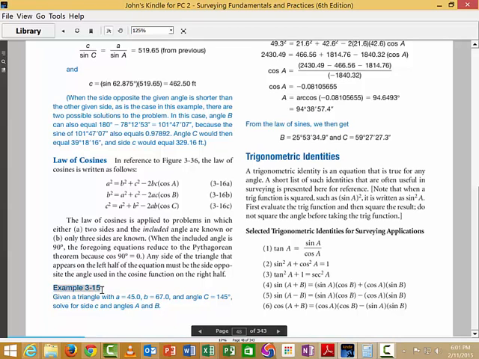I'm going to go over how I solved example 3-15 from the example problems in the section about the law of cosines.